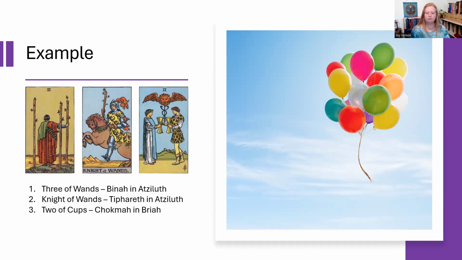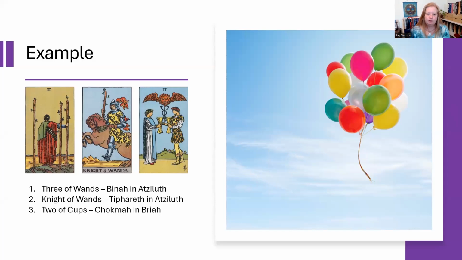So for the 2 of Cups, we have Chokmah, the extension or outward directed force, in Briah, the dream level where you imagine all the possibilities. So let's put this together. Just go ahead and pitch in, or if you want to write in the chat, go ahead.